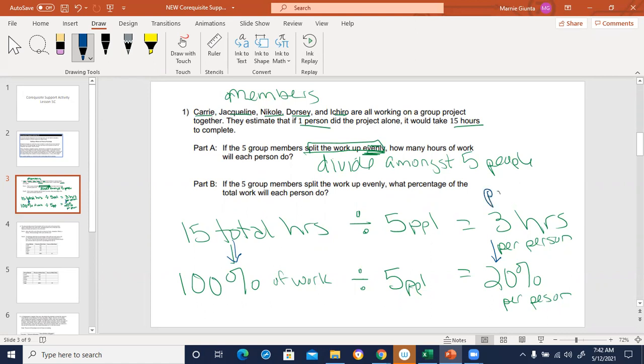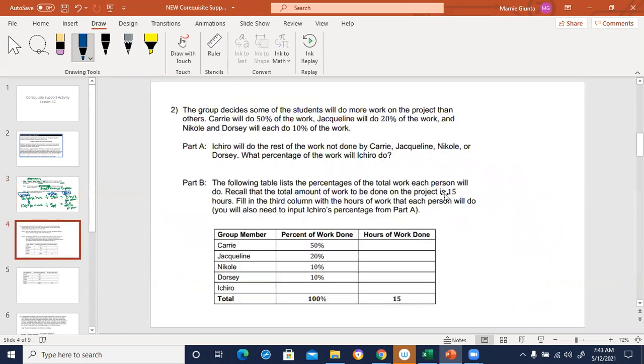So this is the part that we were looking for, and this was the whole that we started with. This was what we split, and it was splitting equally among the group members. Okay. So that's the basic, and now let's move on to another example.